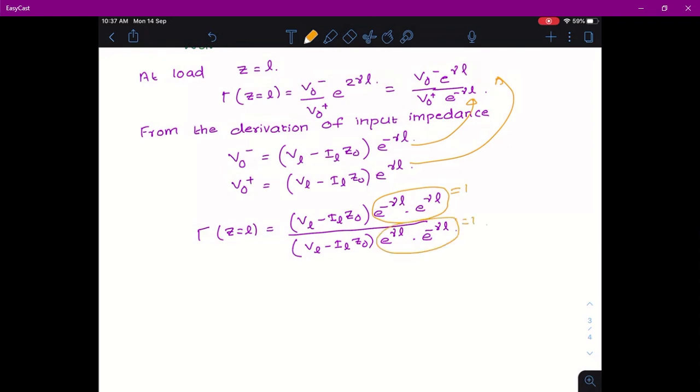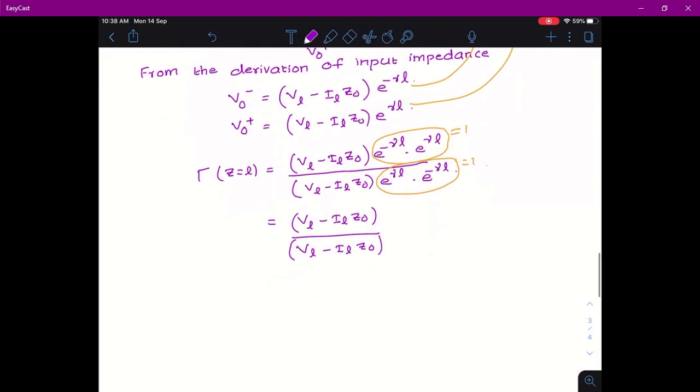So, I can write this as VL minus IL Z0 divided by VL minus IL Z0. I can again simplify this. I can take IL out.